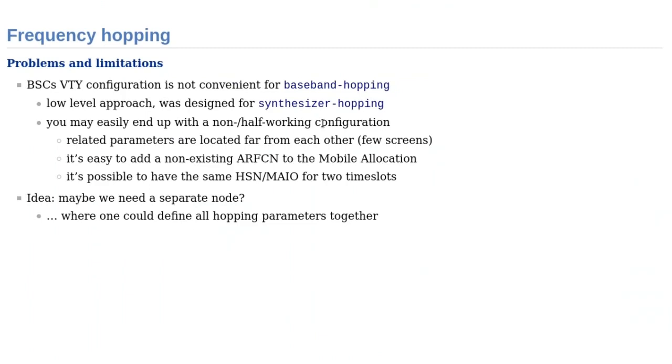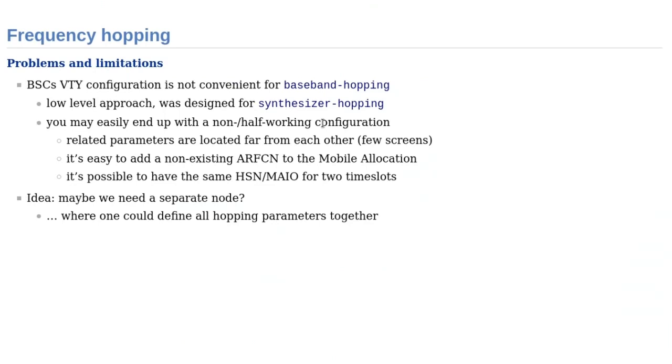One of the reasons for that is that you specify the hopping parameters in the time slot section of the BSC configuration file, and given that you have 8 time slots, it's time slot 1 of transceiver 0 and time slot 1 of transceiver 1. They can be quite far from each other.